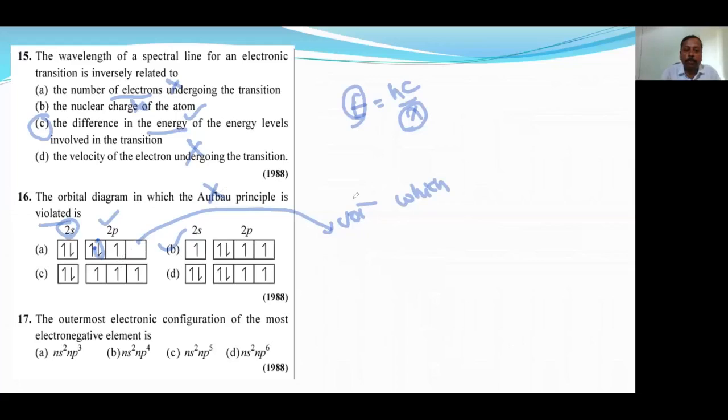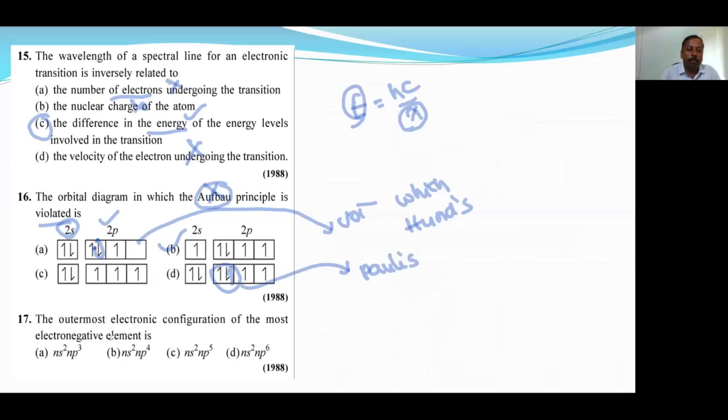If the question is about A, then the answer will be Hund's rule. Hund's rule is violated. Understood? Now suppose I write one more electron, so that any orbital can contain two electrons. That rule is violated. That time we will say that Pauli's rule is violated.